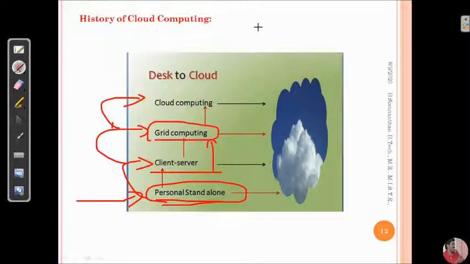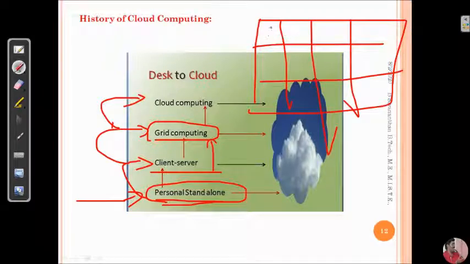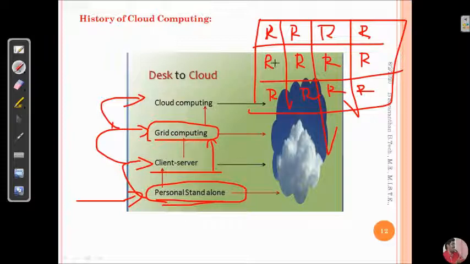Grid computing is like a grid. Like a grid, whatever resources reside in an organization will be collected in a centralized manner, in a common place, and can be made available to the users of the particular organization who reside in the common network.